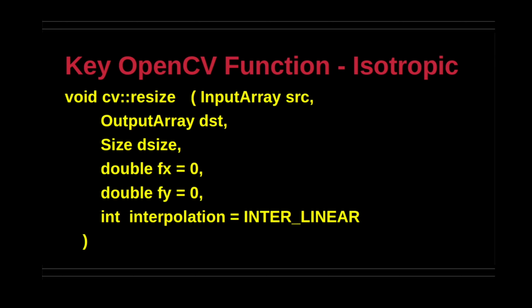You can either specify dsize or fx and fy. If both are provided, dsize takes precedence. You should specify the interpolation method based on your requirements for image content and desired output quality. Either dsize or both fx and fy must be non-zero.